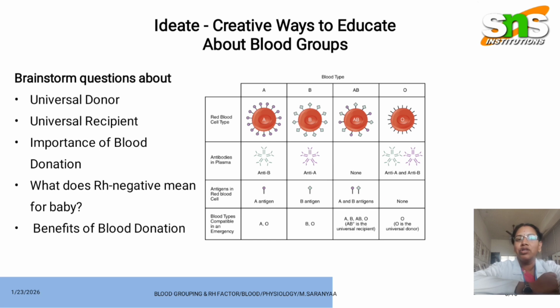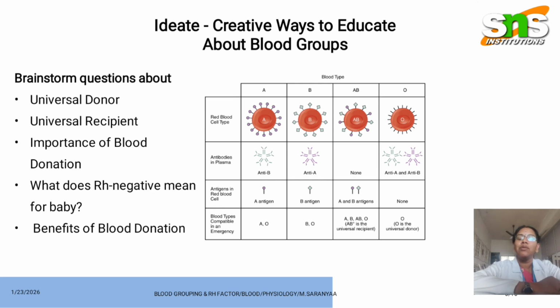What does RH negative mean for a baby? I want to explain this question in detail. If the mother is RH positive and the first baby is RH negative, the baby's blood will mix with the mother's blood through the umbilical cord. The mother will start producing an antibody against it. That won't affect the first baby. The antibody will be produced in the body of the mother.